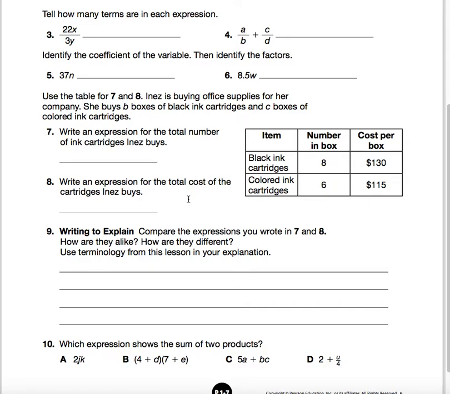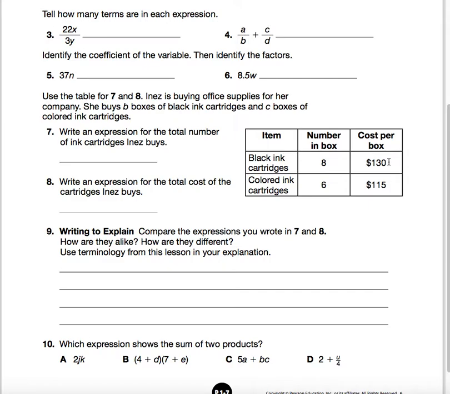Number 8, write an expression for the total cost of the cartridges Inez buys. Now we're talking about the total cost, so we're talking about this over here. Once again, you're going to have this as the coefficient and a variable, this as a coefficient, and then your variable. Remember, it's a good idea to use B for black cartridges.